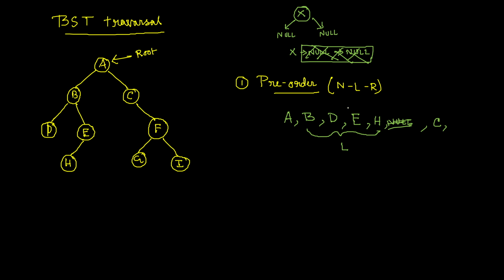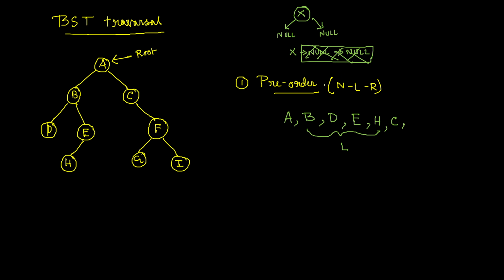So after C, I can easily write null, but there is no meaning of writing null again. You can remove this, even you can remove this null also from here. So it's better to remove so that you will not get confused in some situation. Anyway, so after H, that means ultimately we will have C, and then we don't have any left child, so forget about the left child of C.